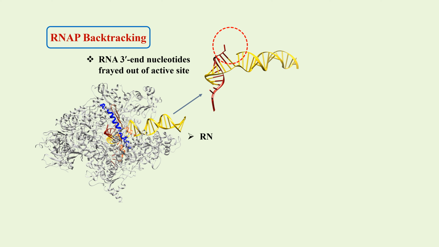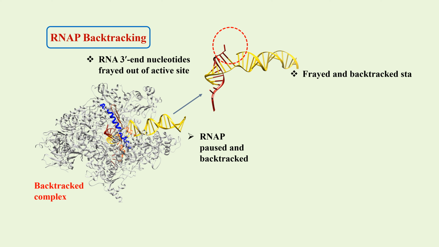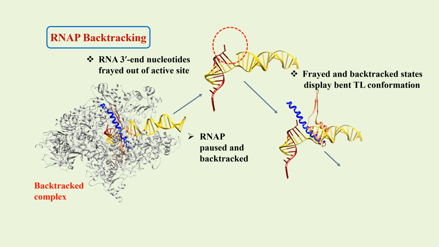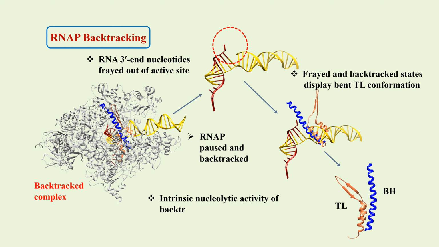So, the RNA polymerase backtracks. The frayed and backtracked states display bent TL conformation. The misincorporated nucleotide is now prone to be removed by polymerase's intrinsic nucleolytic RNA cleavage activity.